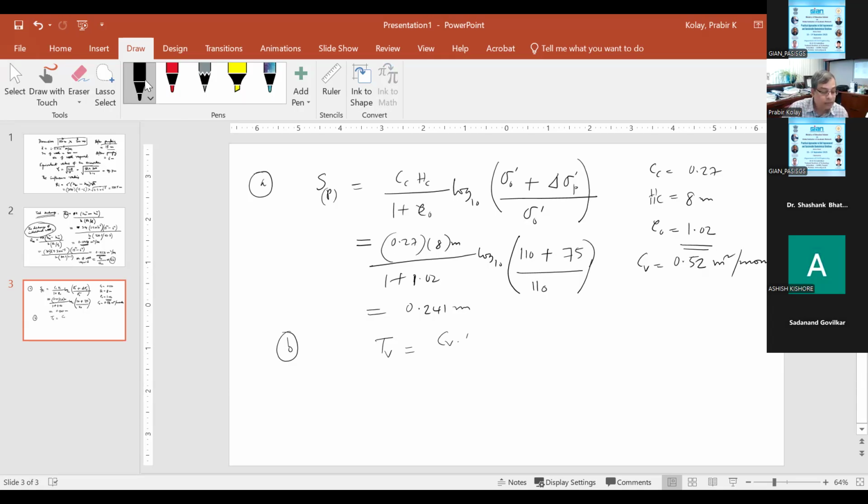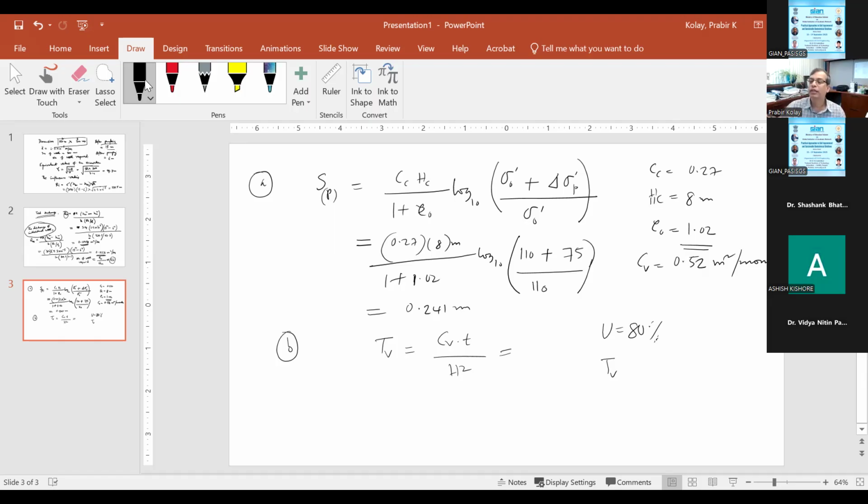Cv times t divided by H squared. And it says the degree of consolidation is 80%. So when the degree of consolidation is 80%, there is a relation between this Tv and U. There are standard charts or tables available, so you can find it from there, or use an equation.